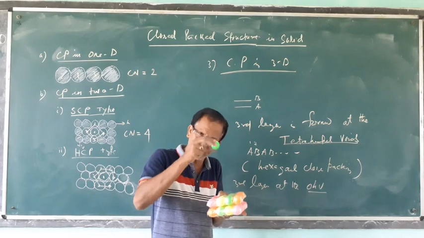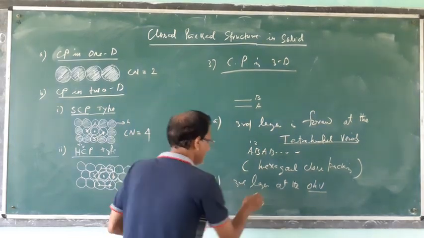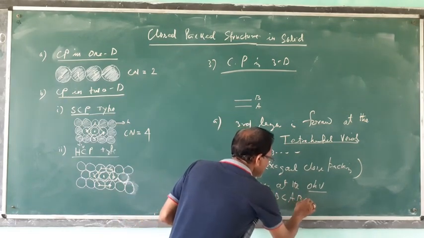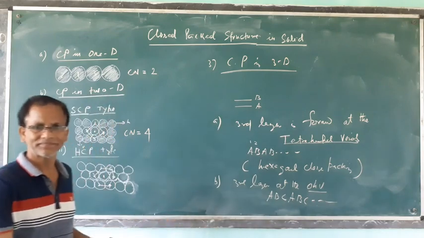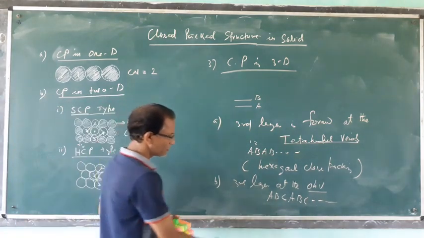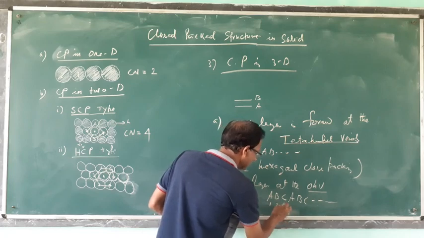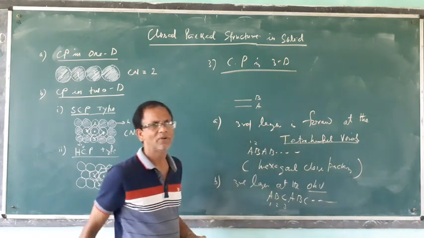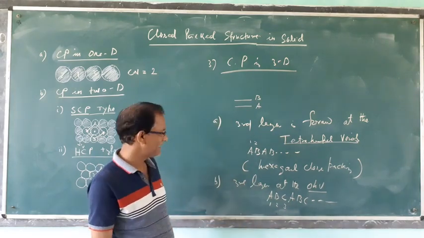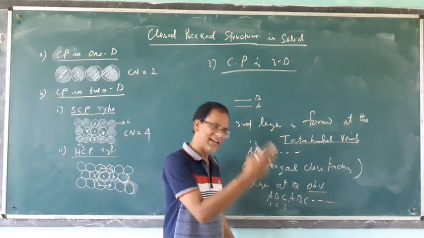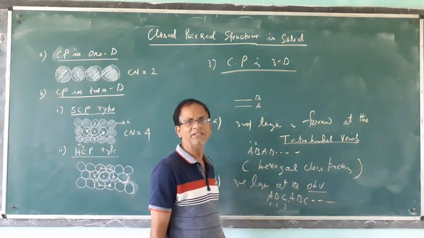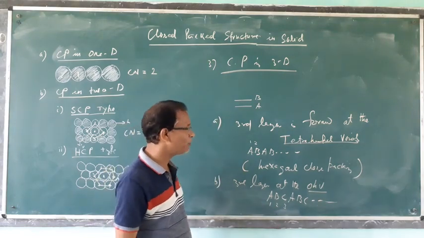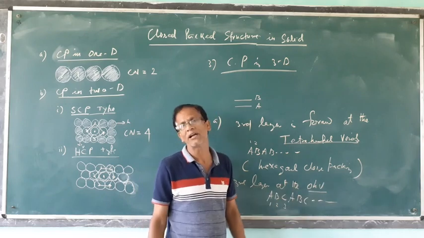If you place the layer at the octahedral voids, you will get A, B, and C. That means the third layer is totally different from the first layer and second layer. Then again the repetition of A, B, C. So the third layer is a totally new layer when you place the spheres at the octahedral voids.